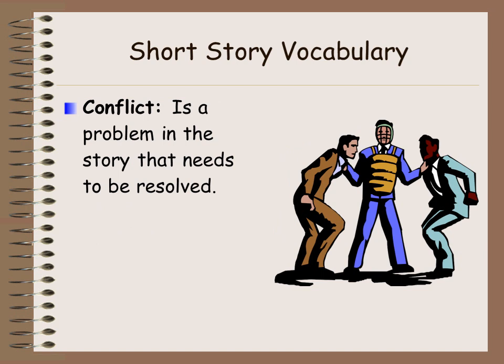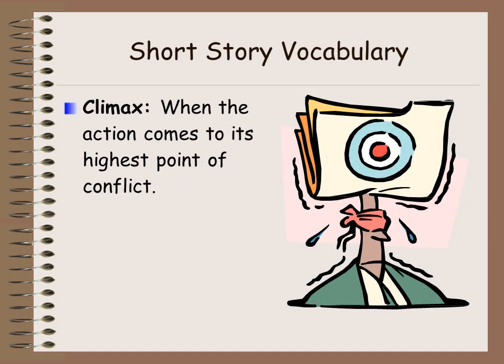In that previous slide on plot, we talked about the conflict, because a plot must always have a conflict. So here it is. What is conflict? As you know, the meaning of conflict is a problem in the story that needs to be resolved. That will be called conflict. Climax, or you can say conclusion.